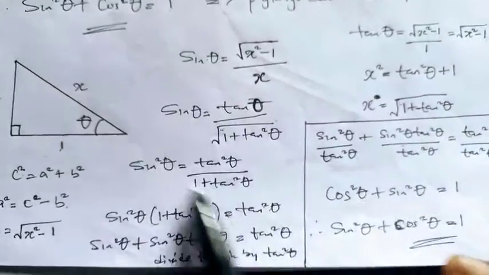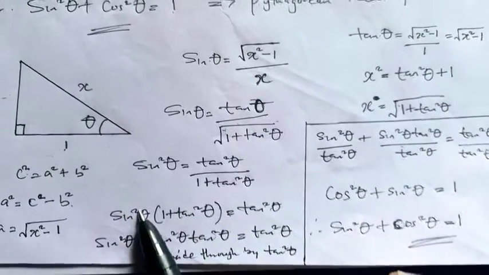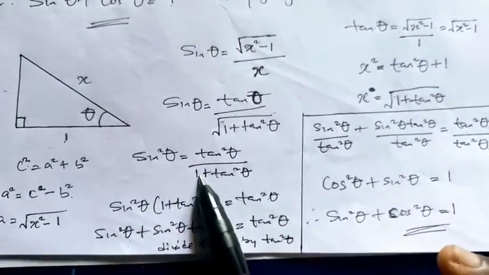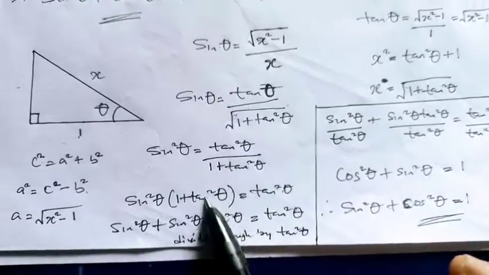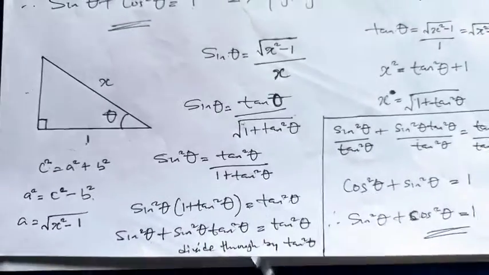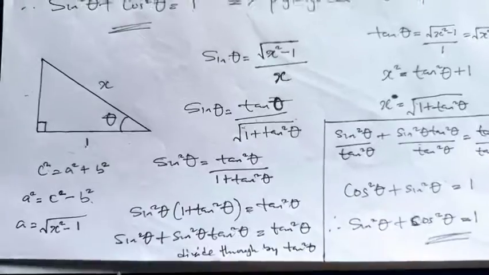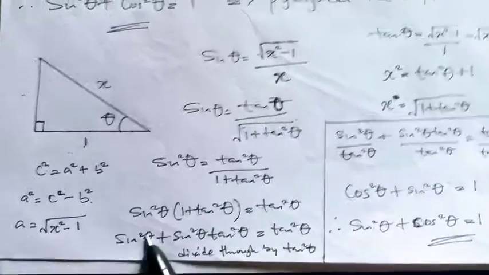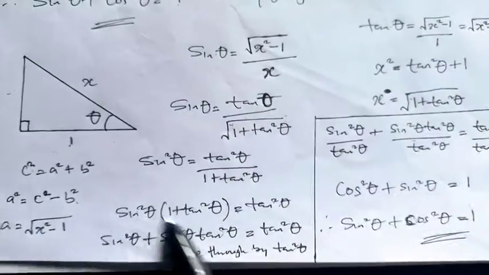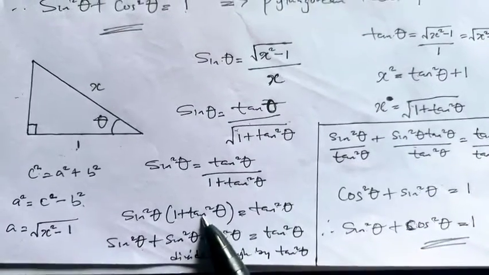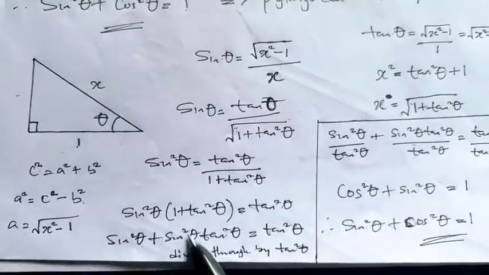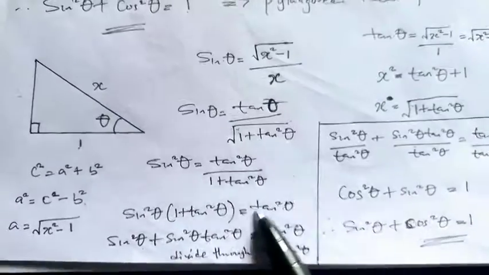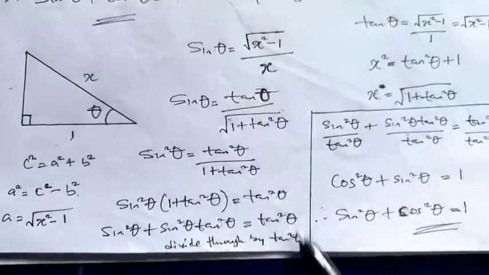Now, multiplying both sides, I'll have that sine square theta multiplied by 1 plus tan square theta is equal to tan square theta. Now, opening the bracket, I'll have my sine square theta multiplied by 1 to give me sine square theta, and sine square theta multiplied by tan square theta will give me sine square theta tan square theta, all equal to tan square theta here.